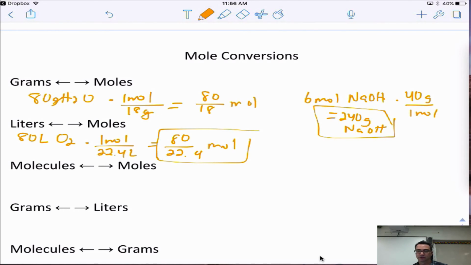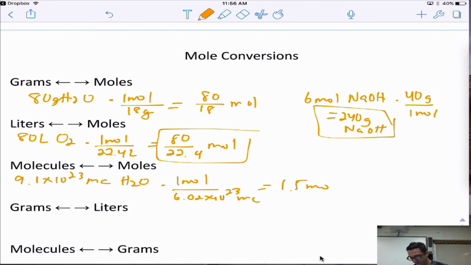I could do molecules to moles. So I could have, let's say, 9.1 times 10 to the 23rd molecules of water. And I could change this to moles, times 1 mole for every 6.02 times 10 to the 23rd molecules. Give me about 1.5 moles of water.